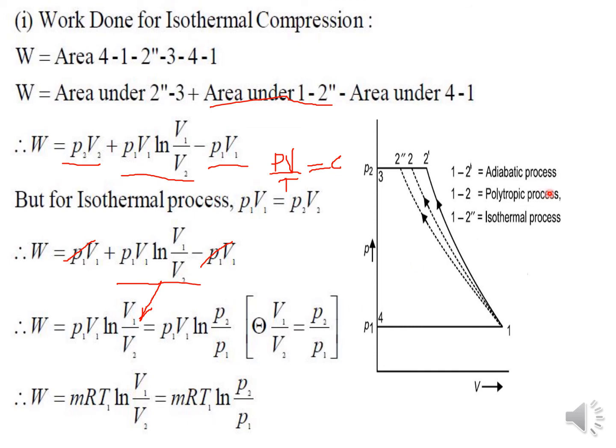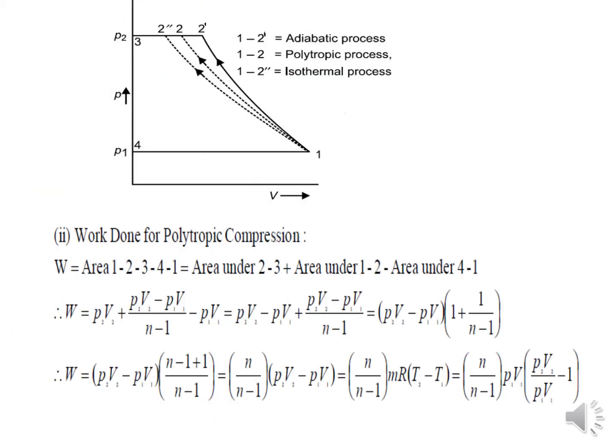Next we will go for the polytropic process. The area under 1 to 2 is the polytropic work done, that is (P2 V2 minus P1 V1) divided by n minus 1, minus P1 V1, the area under 4 1.